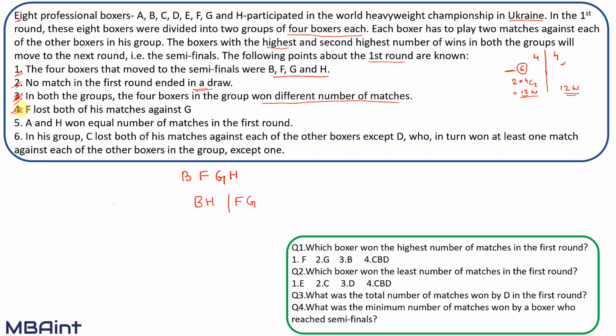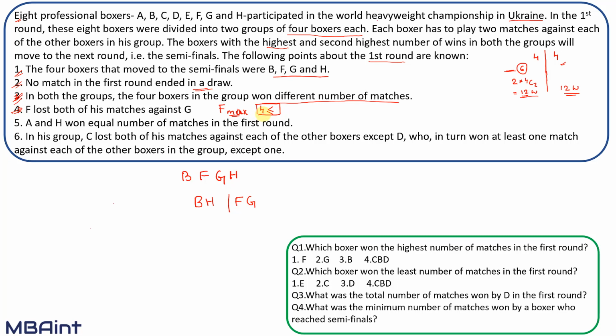Now also the other point that can be made, that F lost both of his matches against G. Then F's maximum win would be 4, and it can be less than that even. So F's win would be less than or equal to 4. Fine.